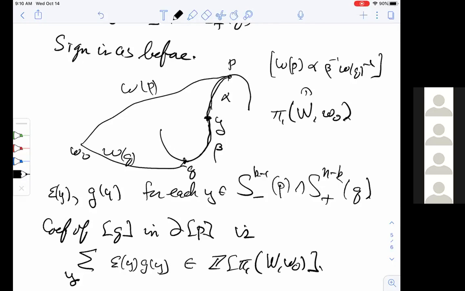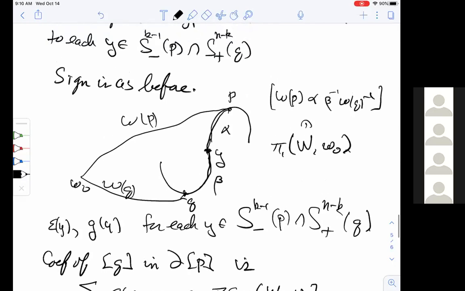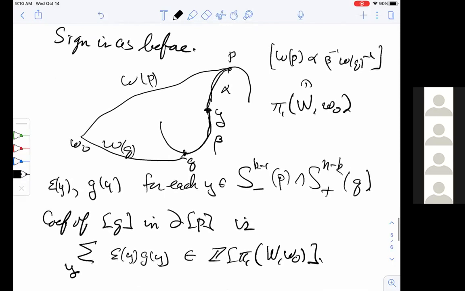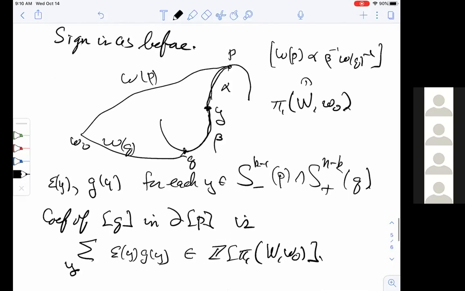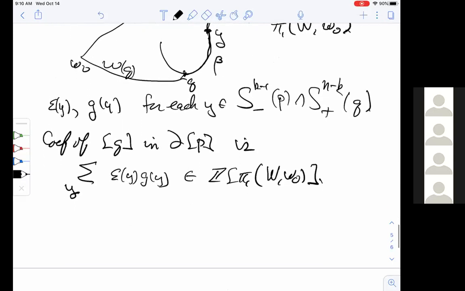So I do exactly what I did before, except now I have these paths connecting things to the base point, and that allows me to associate group elements. So I sum up over the intersection points, not just of the signs, but of the signs with these group elements. And I get an element in the integral group ring of the fundamental group, and that defines a boundary map. Now you have to prove that boundary square is 0.